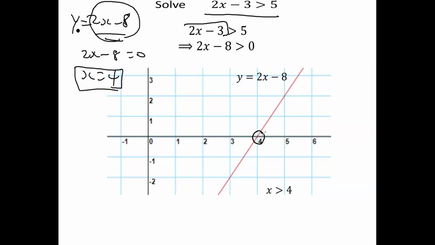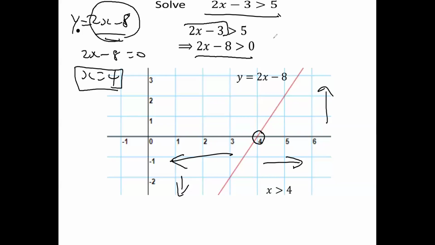You see that for numbers greater than 4, the inequality goes positive, right? While for numbers less than 4, the inequality goes negative, right? And you can already see that 2x minus 3 greater than 5 is equivalent to this.